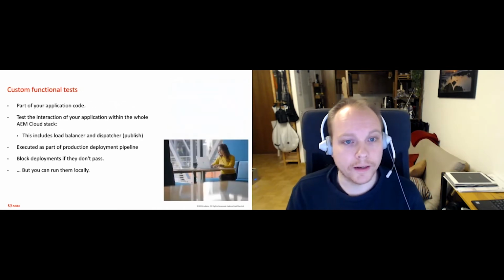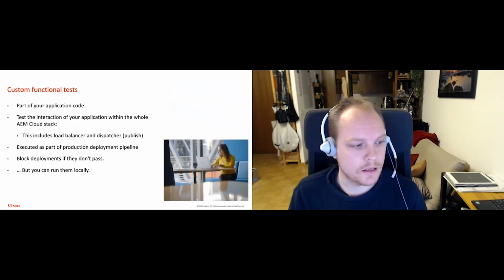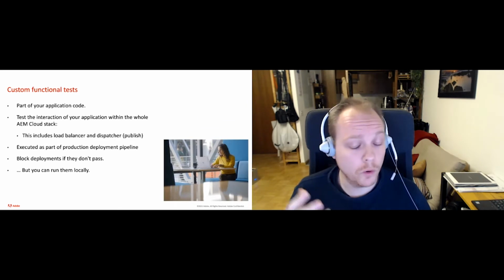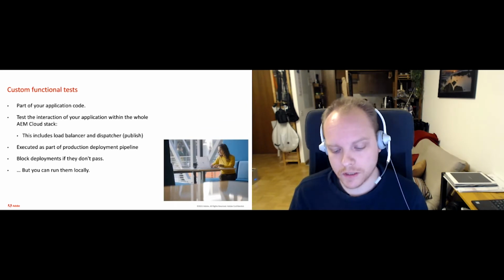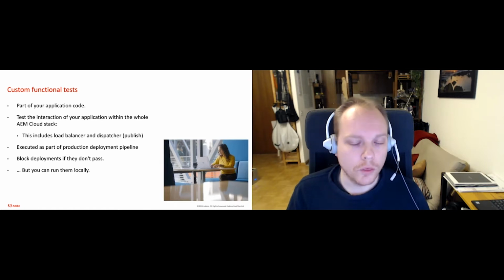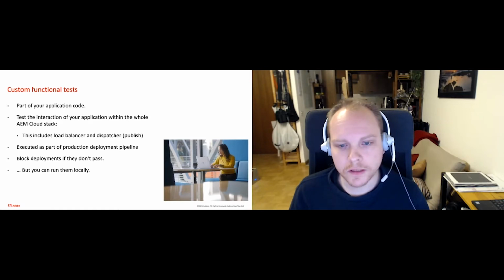Now for the custom functional tests, this is the part that is intended to test your application, the interaction of your application with the whole AEM stack. So in this case, it's going to be on author. If we're talking about author instances, we are on load balanced instances.